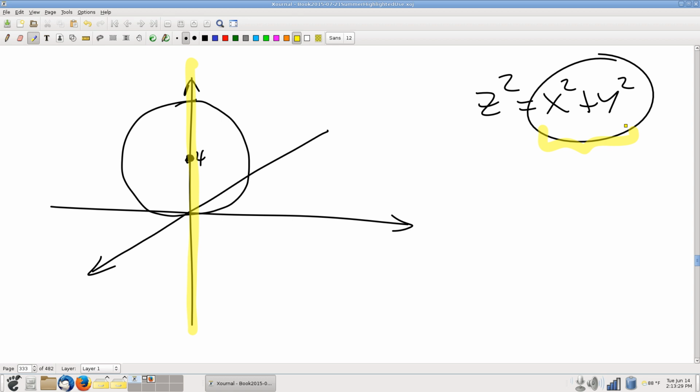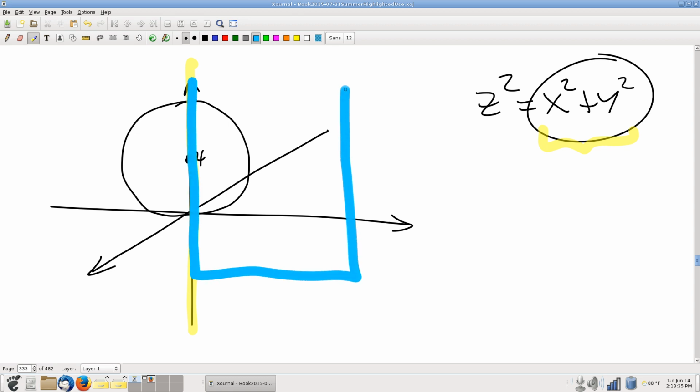And let's pick a half plane. I'm going to pick the YZ plane, just because it's easier to draw in the YZ plane than the XZ plane. And in that plane, x is equal to 0. And so I just have z squared equals y squared, which is just z equals plus or minus y.